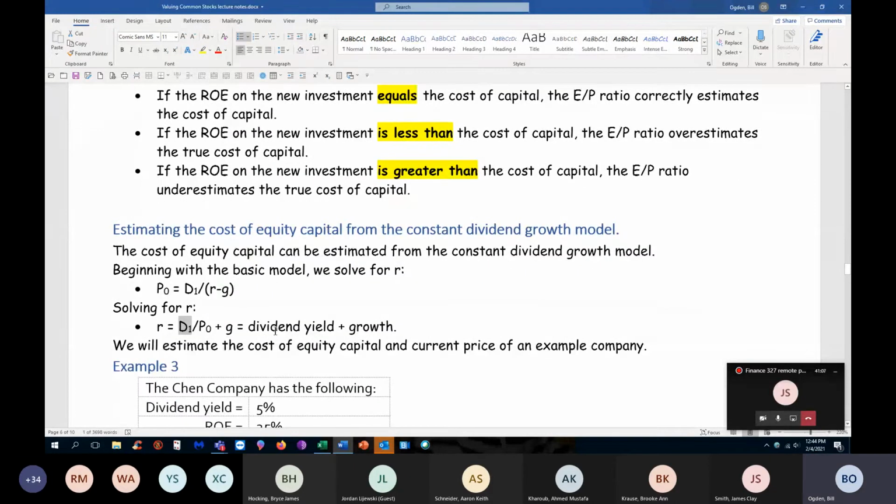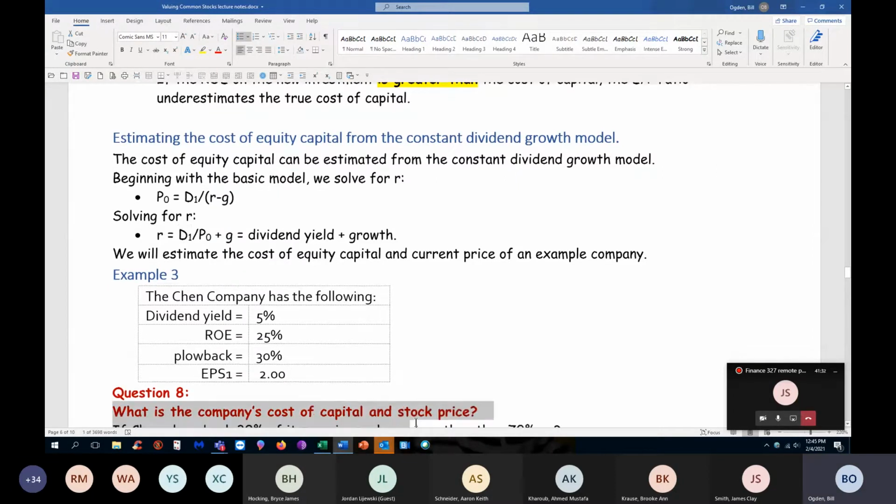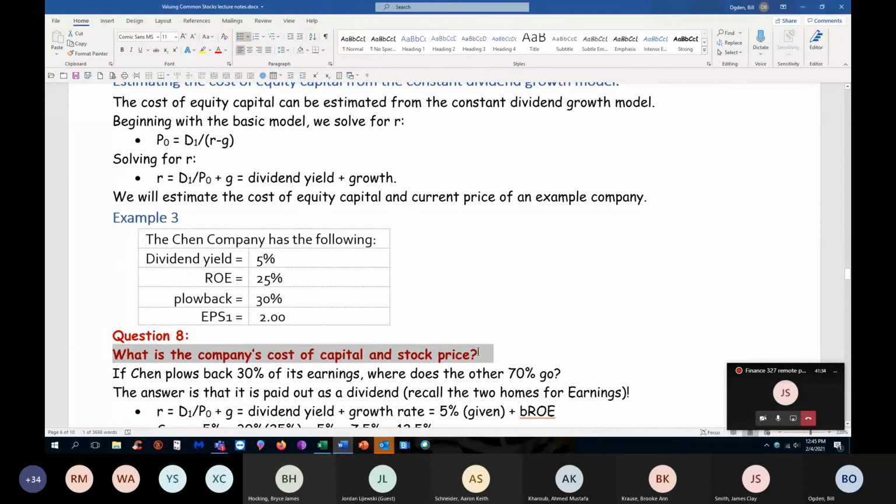Okay, and I have a little example here. Dividend yield is 5%. The ROE is 25%. We're going to use a plowback of 30%. And EPS, our projected earnings for the year, will be $2. Okay, what is the company's stock price?